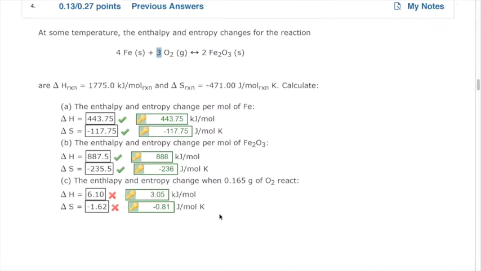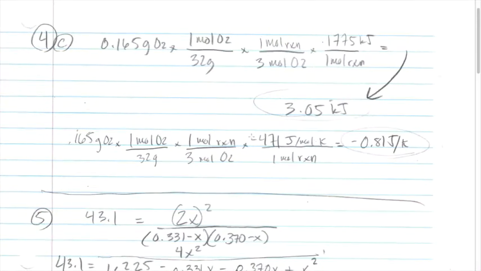And we'll do the same thing for the delta S. We're just using a different value here for the entropy change in joules per mole Kelvin per mole reaction. So same thing, converting to moles of reaction and then using that delta S value. And we get negative 0.81 joules per Kelvin.